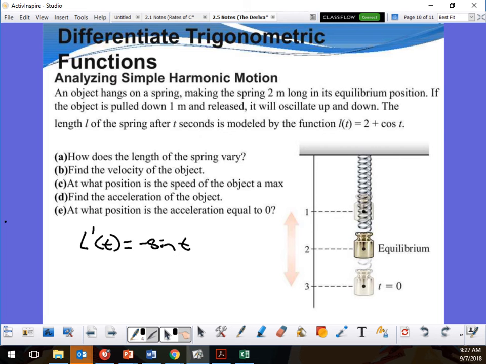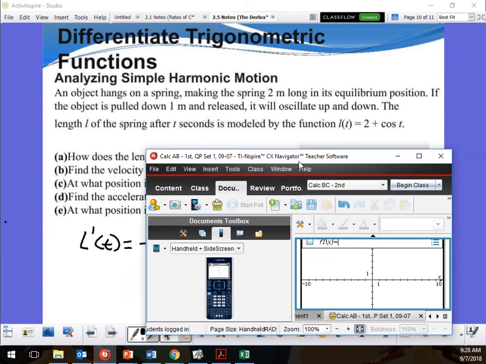Man, you got this. All right, so let's take a look right here. To show this, it's going to be 2 plus cosine t.